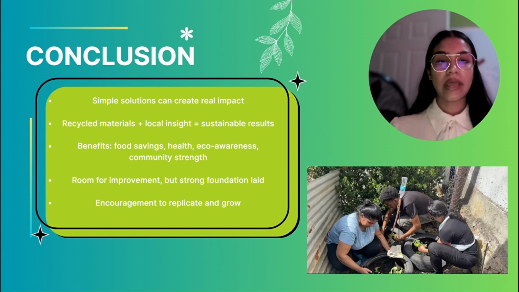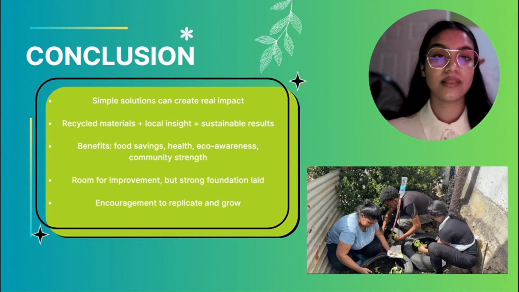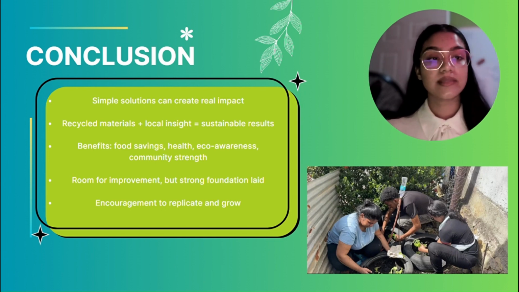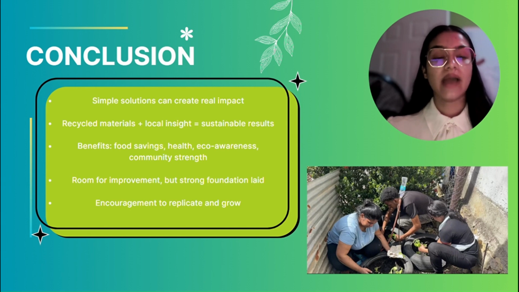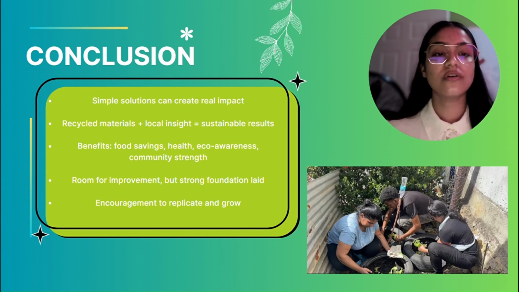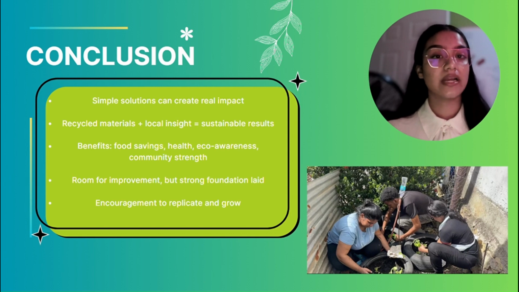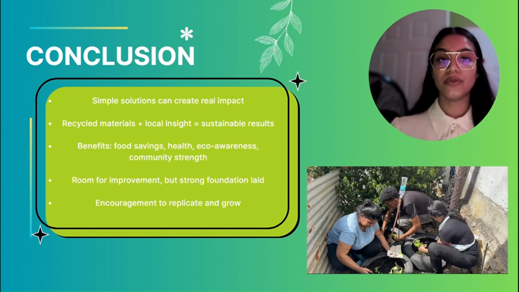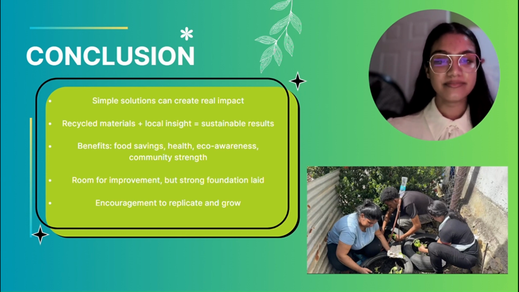A vision where communities grow what they eat, where waste becomes resource, and where food doesn't have to be imported to be dependable. Through this project, we saw firsthand how recycled materials, a bit of creativity, and strong community input could come together to create real change.